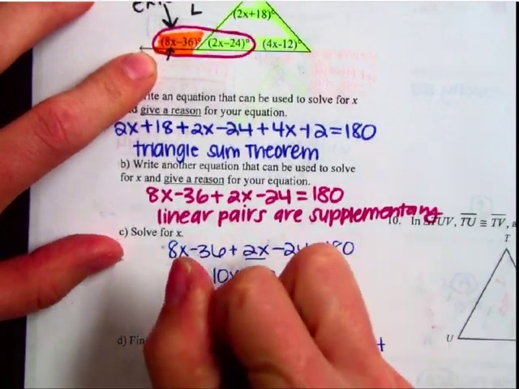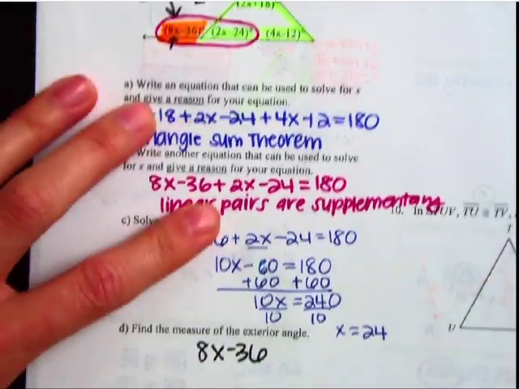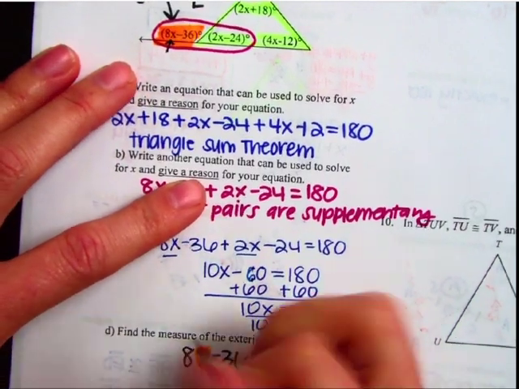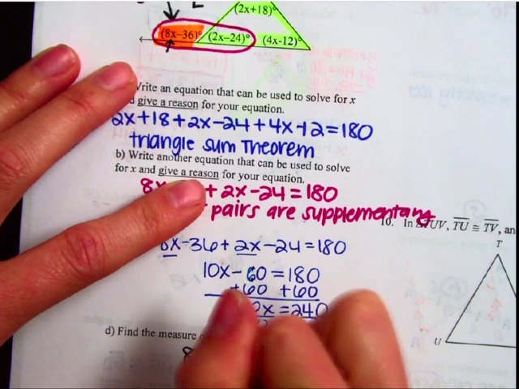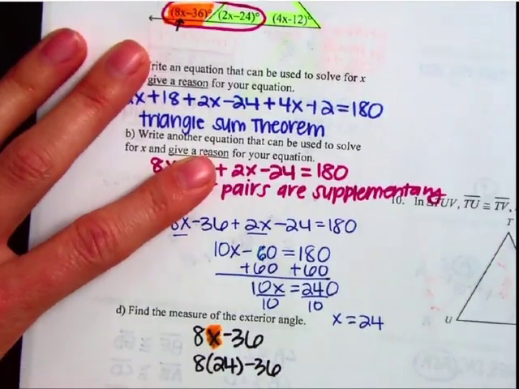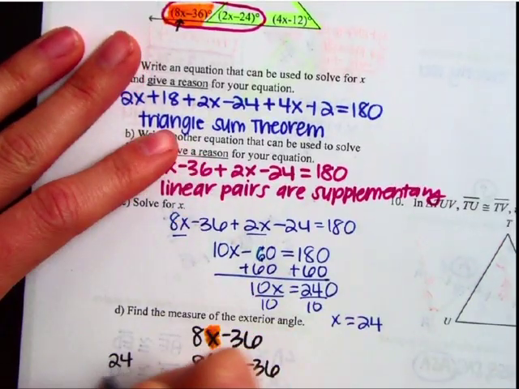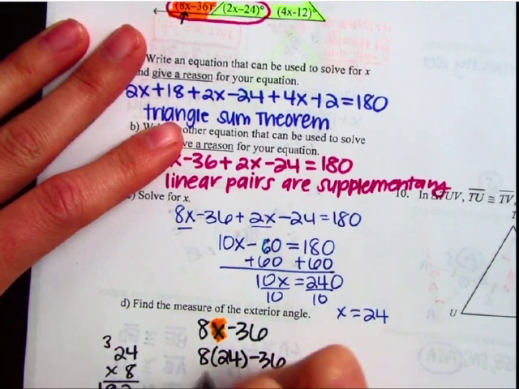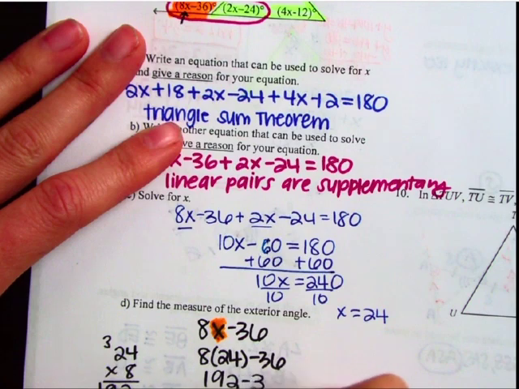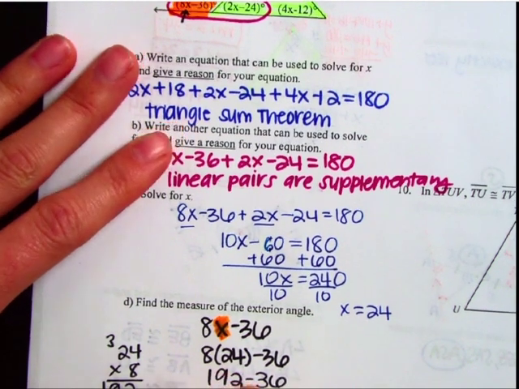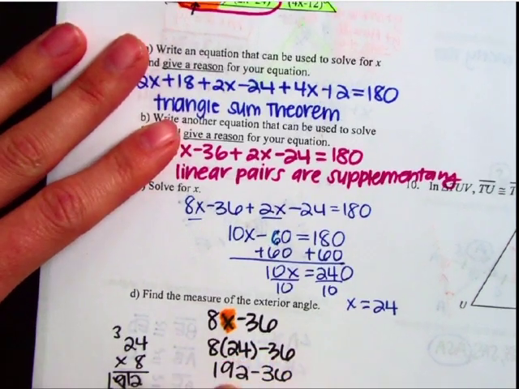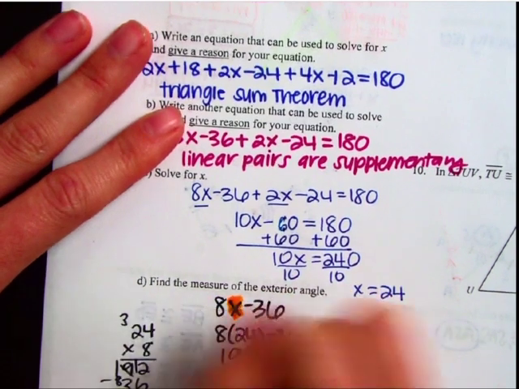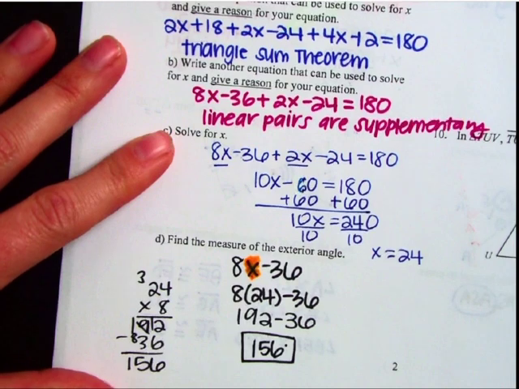Using that expression for the exterior angle, we plug in x equals 24. When we multiply, we get 192, and then 192 minus 36 is 156 degrees, and we have our exterior angle.